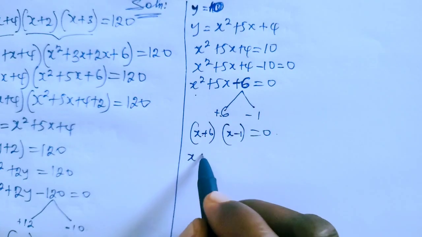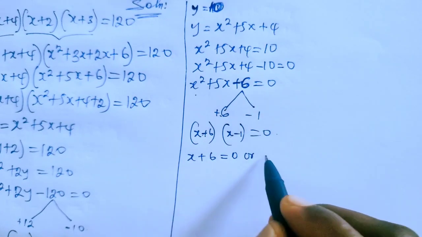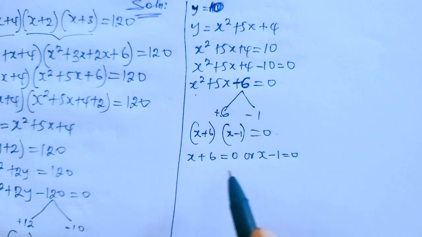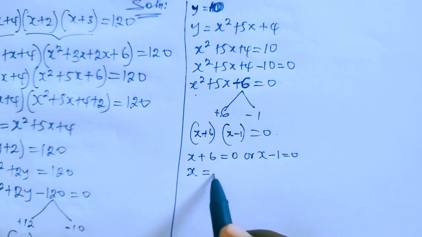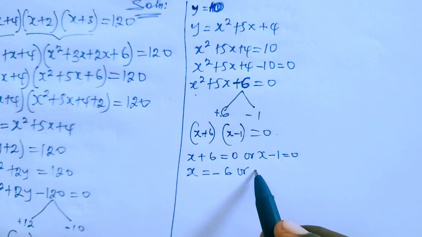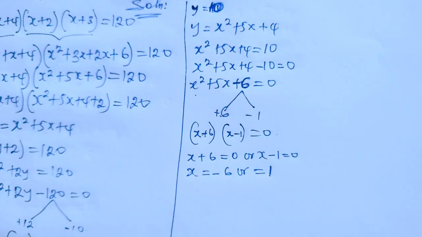Therefore, x plus 6 equals 0, or x minus 1 equals 0. Therefore, x equals minus 6 or x equals 1, and these are the first two possible values of x.